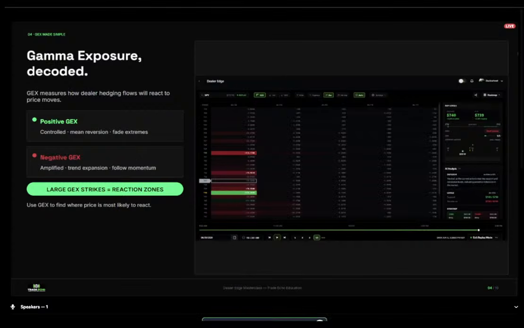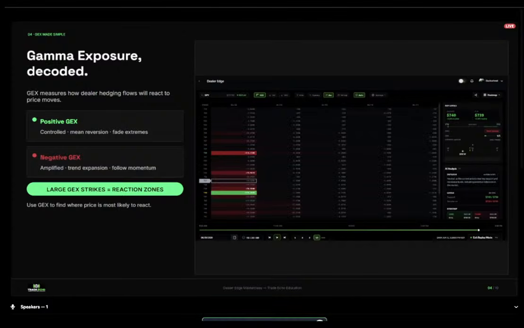So this is GEX made simple. What does GEX even stand for? GEX stands for gamma exposure. I don't want you to get lost in the institutional definition. Keep it simple here. GEX is going to help us understand how dealer hedging can impact price movement.